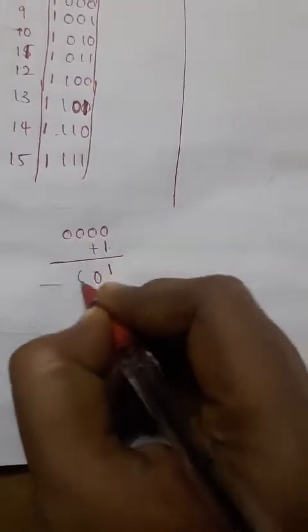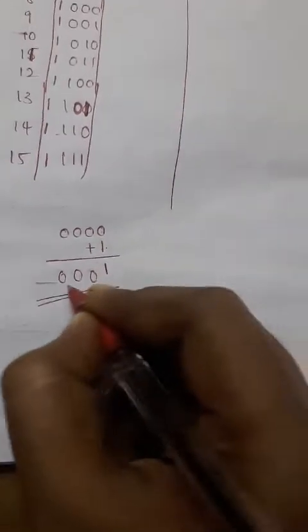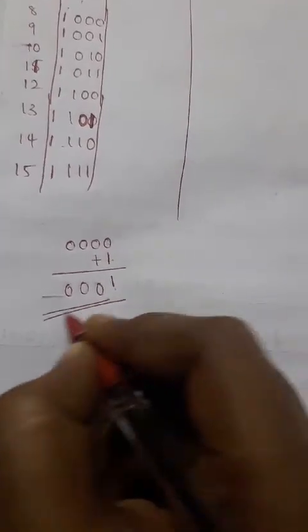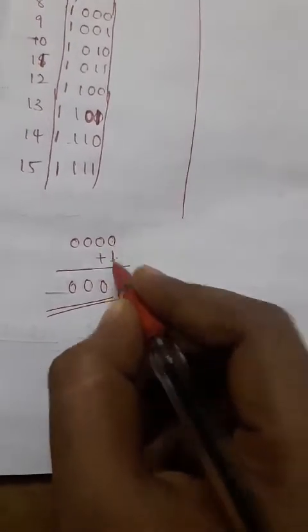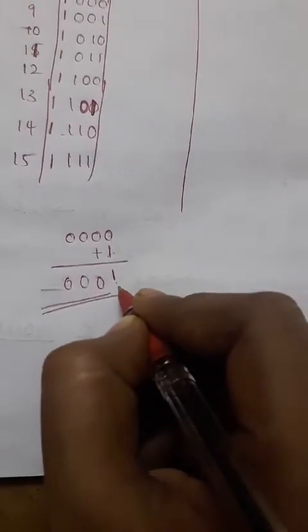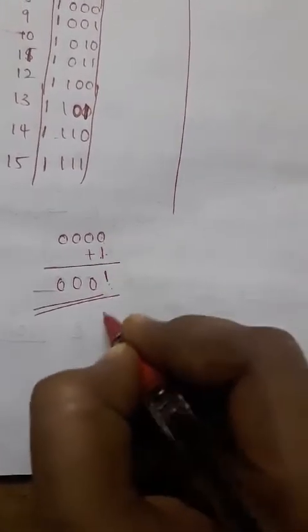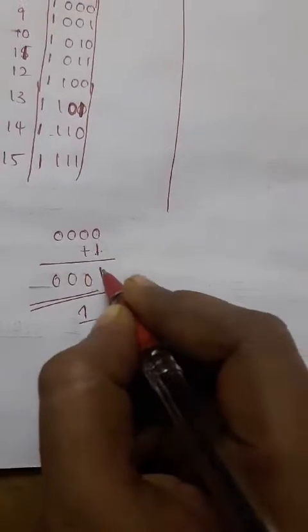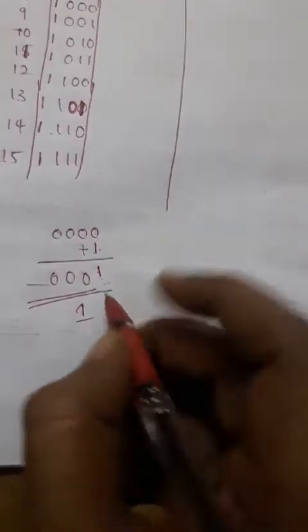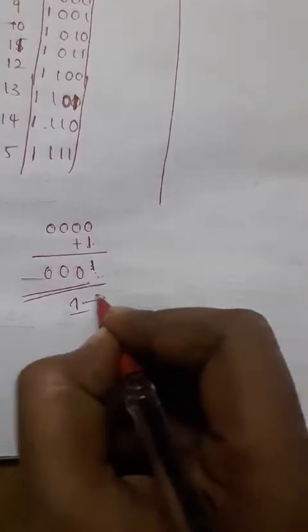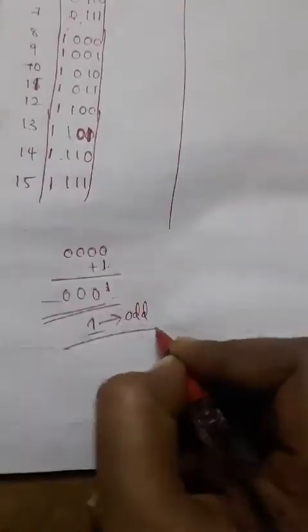What happens? 0 plus 1, 0001. Now count it. This is our result after adding 1. So just count how many ones we are having in that. The number of ones will be 1, right? So the number of ones is 1. So that's why this is an odd number. Directly we can say that this is odd parity.